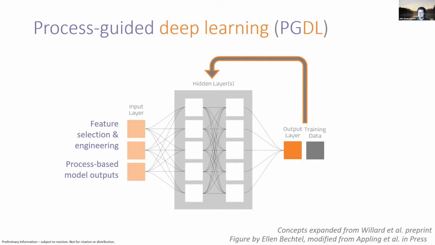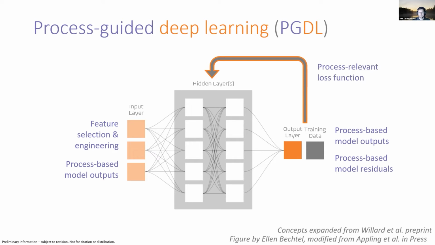Any model permits, in fact requires, design injection at the point of selecting and preparing input variables. You can do this either through expert knowledge of what input variables to use, or some feature selection and engineering. You can also use process-based model outputs as input to a deep learning model. You can also use process-based model outputs to help train the deep learning model, using it as pseudo training observations. Or there are also techniques for modeling the residuals of a process-based model.